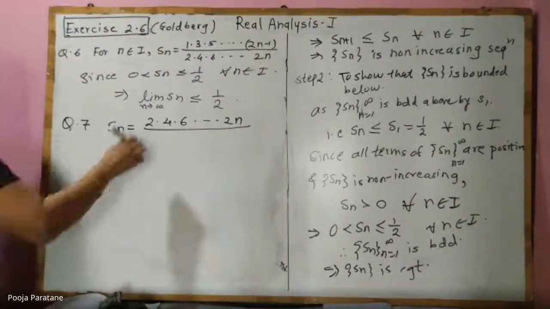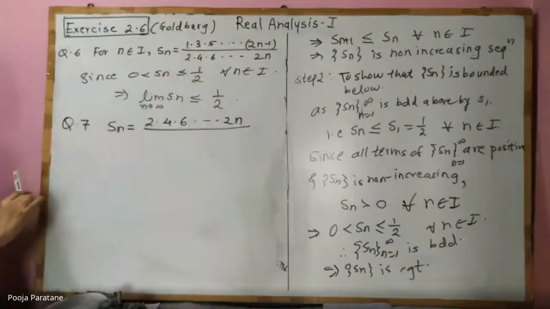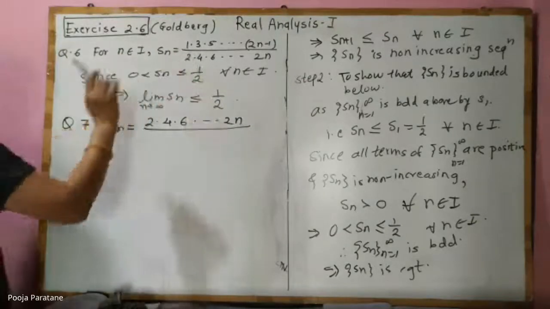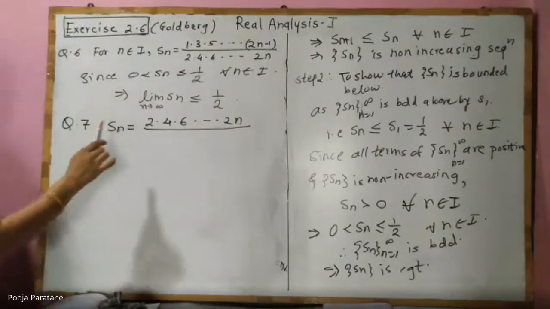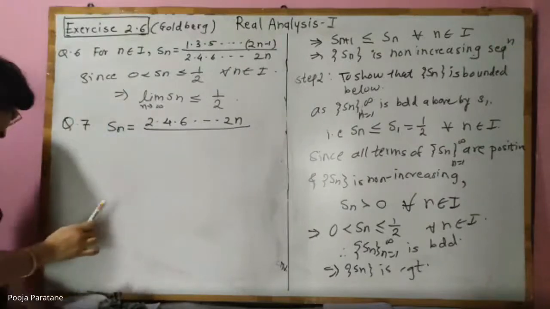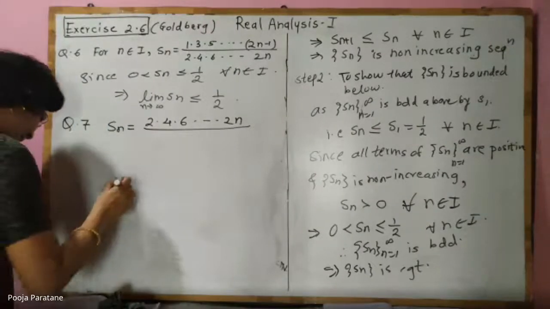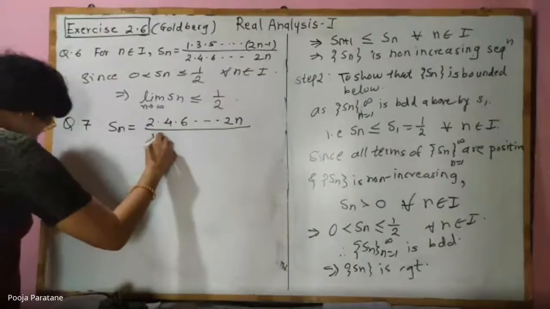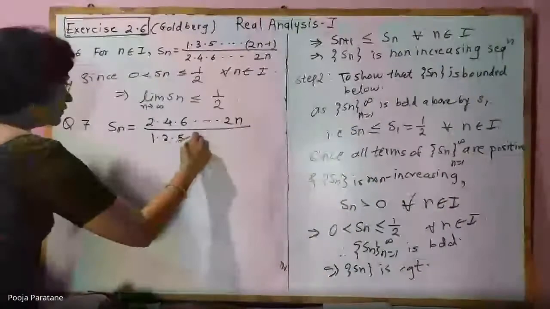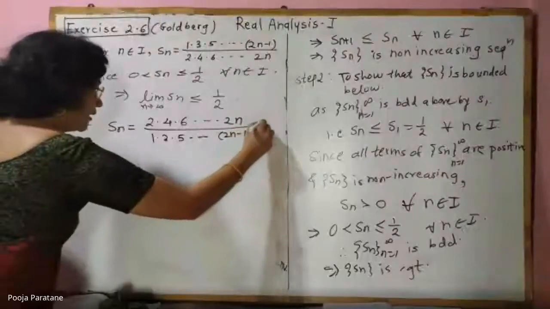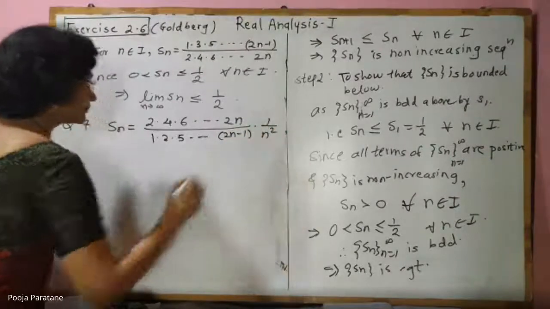They just reversed it. In the numerator it is the product of the first n even numbers, and in the denominator the product of the first n odd numbers, but along with this, a number also.